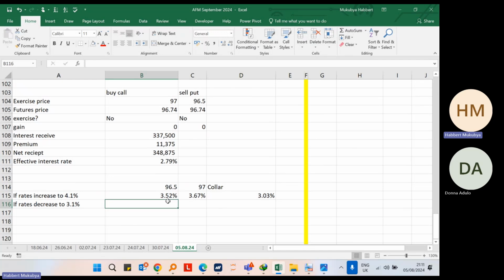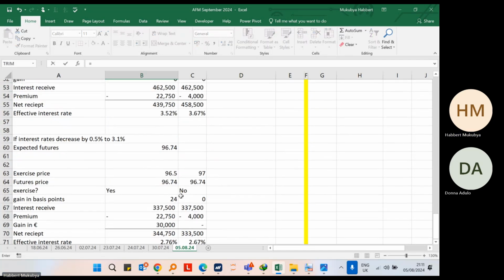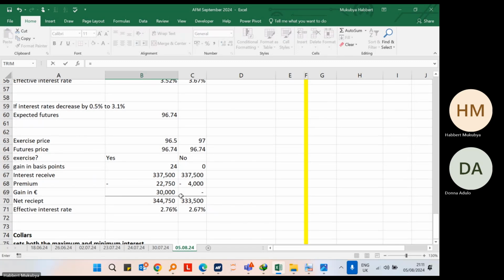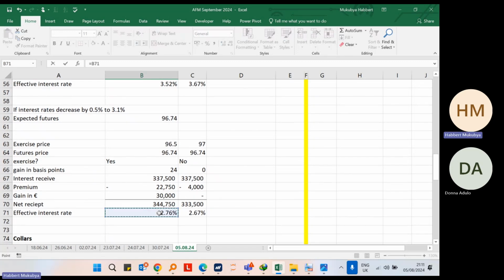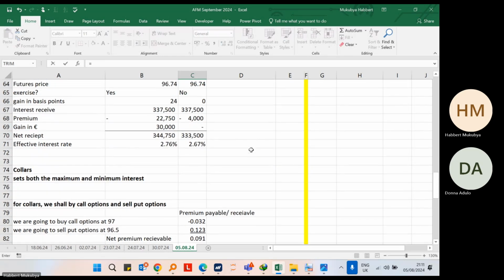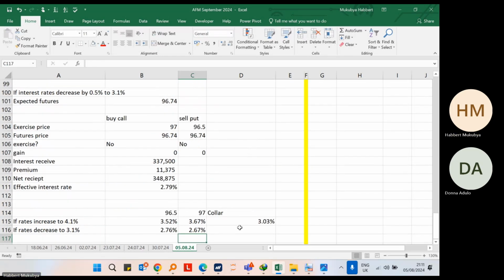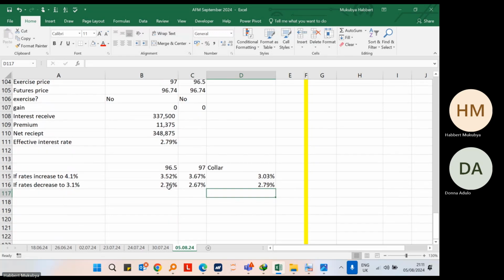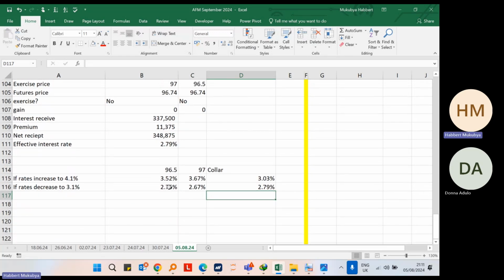Then you go to the decrease part. Then we have 2.76, 2.67, and the collar 2.79. So those are the three options.